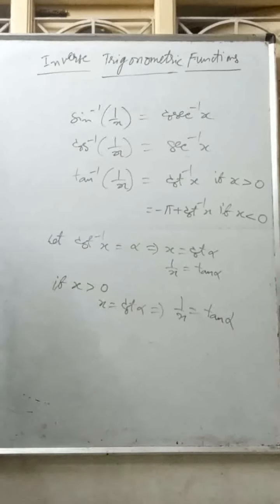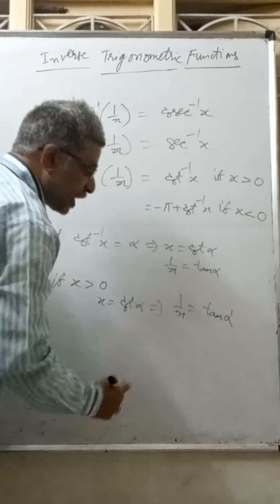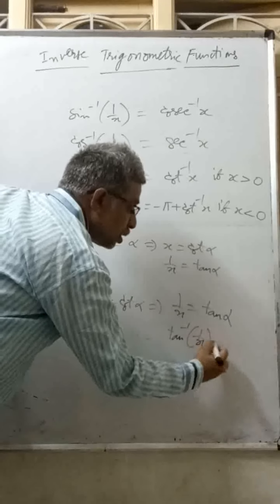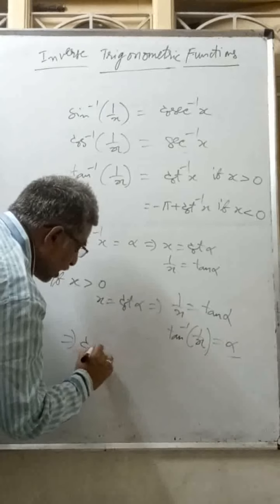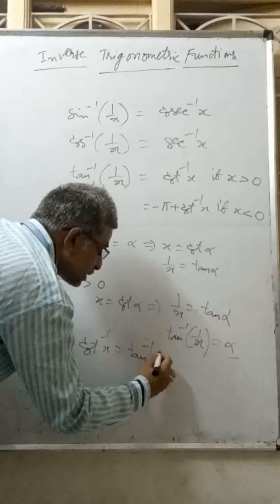So here alpha is cot inverse x. If tan comes to this side, it becomes tan inverse 1 by x equal to alpha. But alpha is cot inverse x, which implies cot inverse x equal to tan inverse 1 by x.